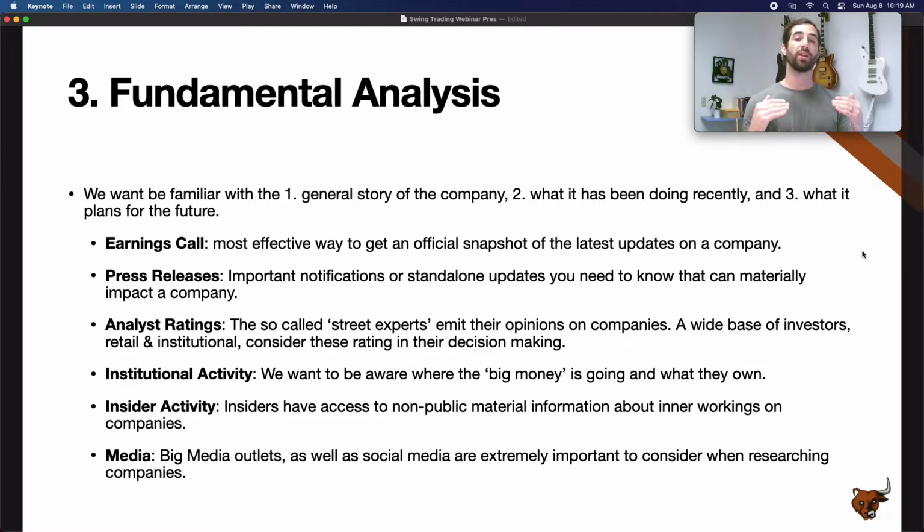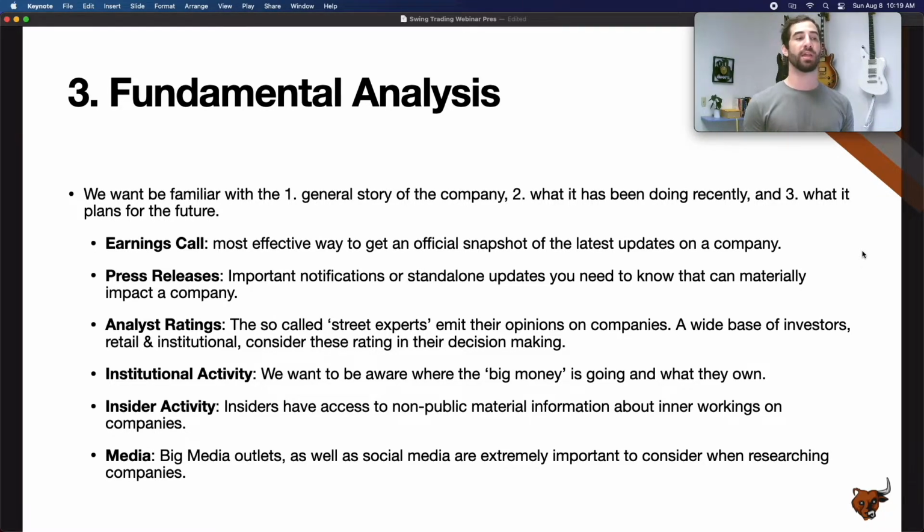And for regulatory purposes, if they have some activity of buying or selling the stock in the company that they have this non-public material information about, they have 48 hours to report it. Okay, so there are websites and places that we can go to look at insider activity.